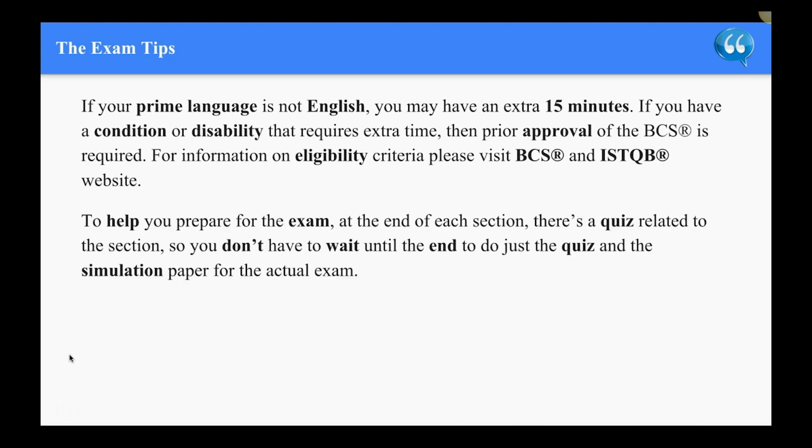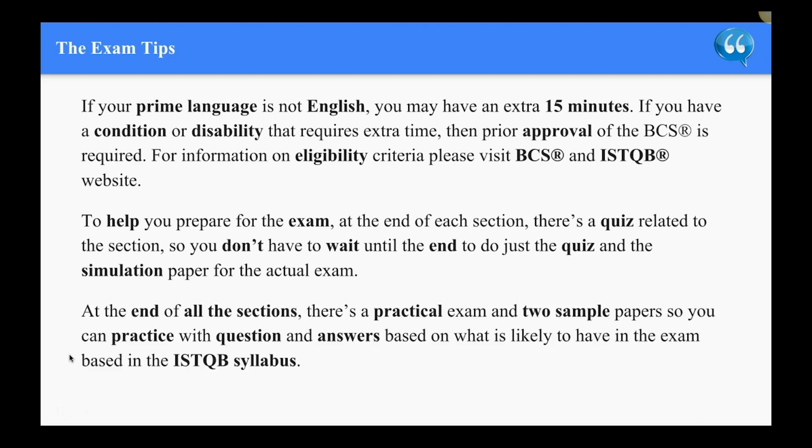To help you prepare for the exam, at the end of each section there's a quiz related to that section, so you don't have to wait until the end to do the quiz and the simulation paper for the actual exam. And at the end of all the sections, there's a practical exam and 2 sample papers, so you can practice with questions and answers based on what is likely to be in the exam, based on the ISTQB syllabus.